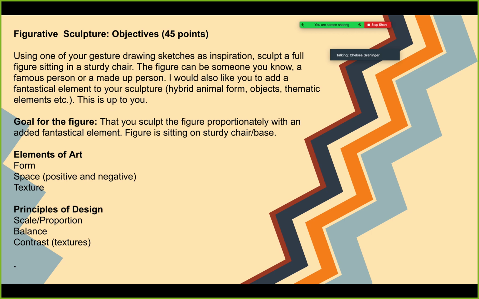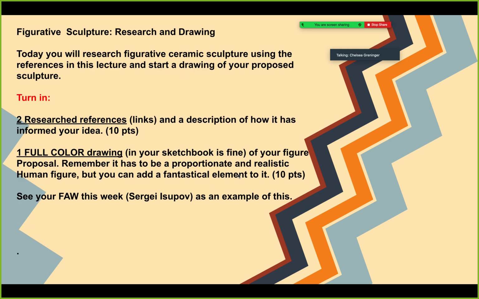You could add wings instead of arms, or horse legs instead of human legs, something that goes along with your idea and your theme. So your goals really are to sculpt the human form proportionately, but then add that fantastical element, and you're putting your figure on a chair.